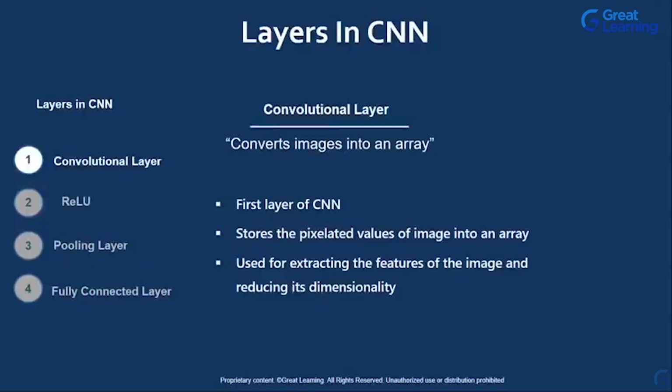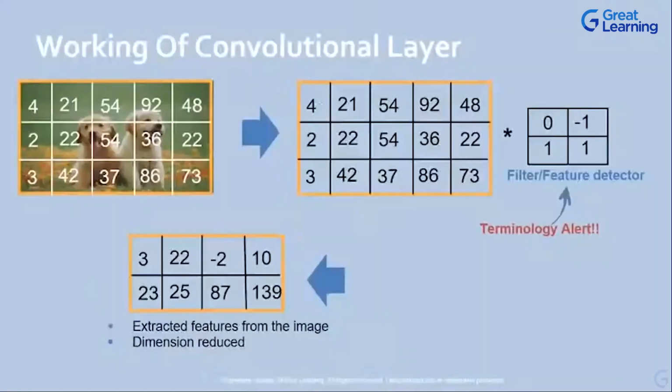So how can we do that? Let's have a pictorial visualization. Suppose I have a dog image. What pixels do I have? I have 4, 21, 54, 92, 48, 2, 20, 2, 54, 36, 22, right? In that case, I am going to use a filter.